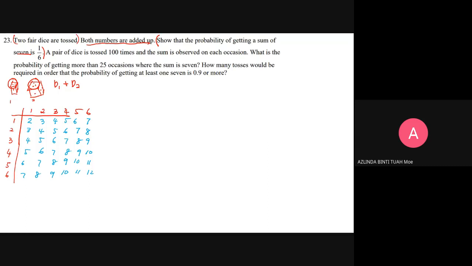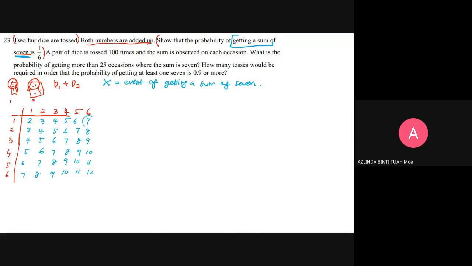Jadi, event dia sekarang adalah event of getting a sum of 7. Ni event. Kalau rajin nak tulis ayat penuh event: event of getting a sum of 7.